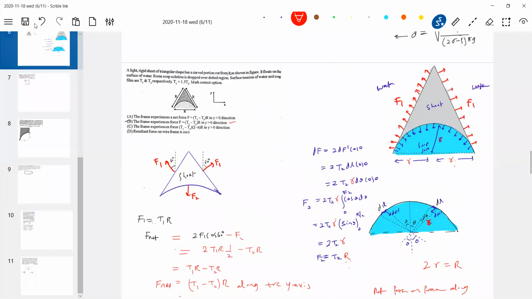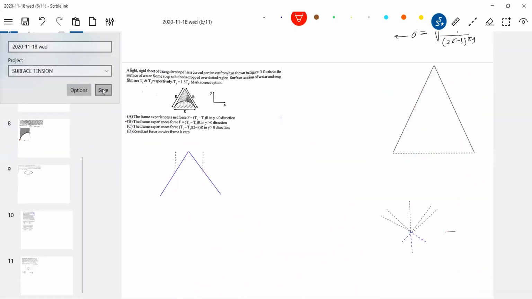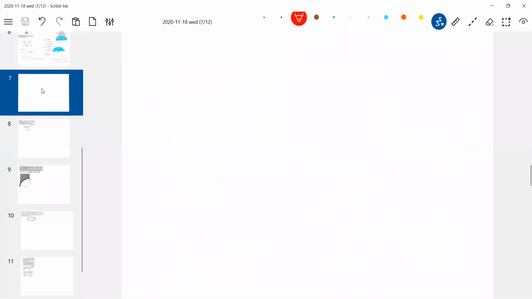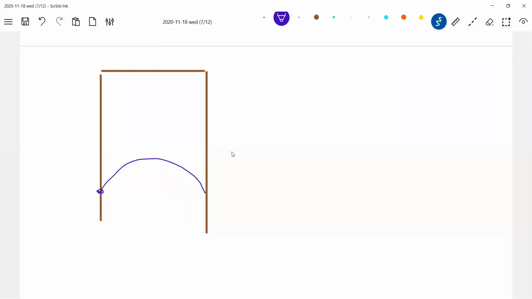So still, just make observation. I'll give one more idea so that it becomes very firm for you. Now, if we have a wire frame, instead of this, let me take a semicircular wire, and everywhere there is a soap solution.